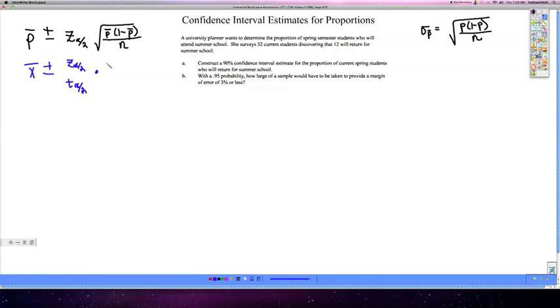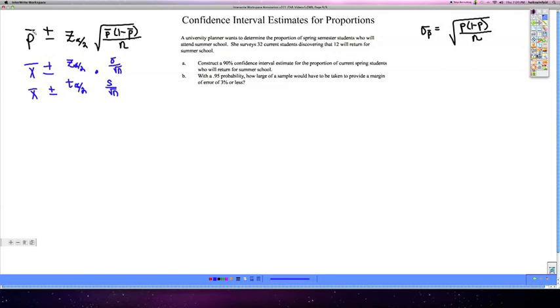And then we multiplied that by the standard error of the mean, which was the standard deviation divided by the square root of n, and for t's it was s divided by the square root of n. The point simply is that our formula for proportion is in the same format.